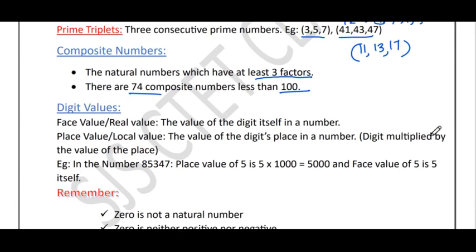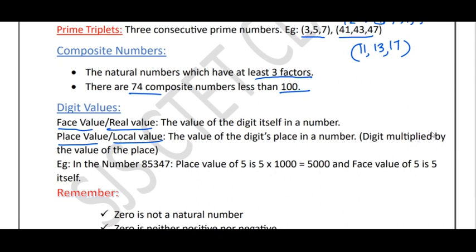Then, what do you mean by digit value? We have 2 types of digit values. The first one is face value or real value, and the second one is place value or local value. So what is this real value or face value? It is the number itself. For example, in the example I quoted here, 85,347, what is the place value of 5?